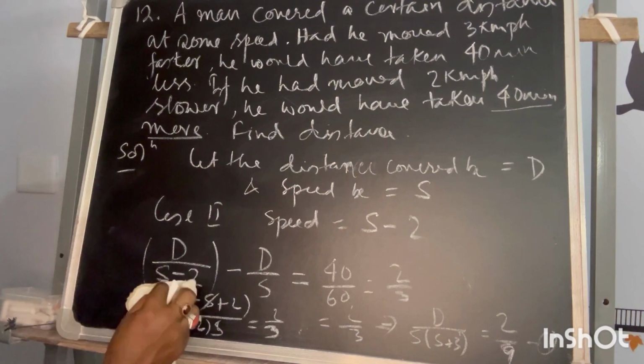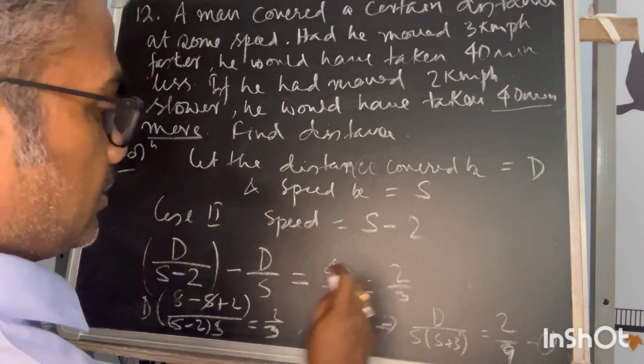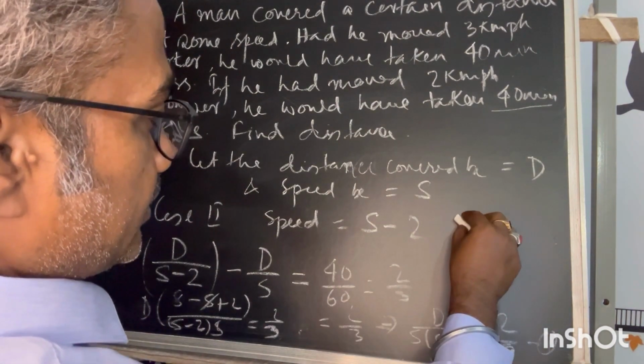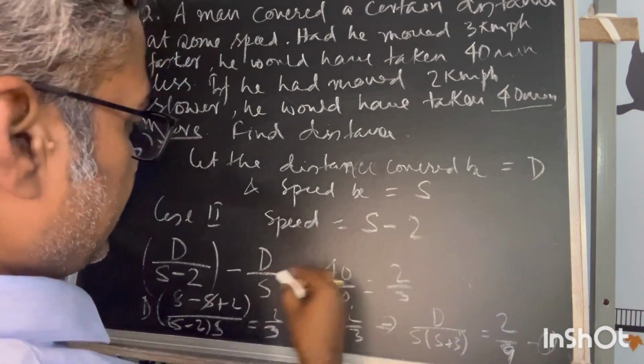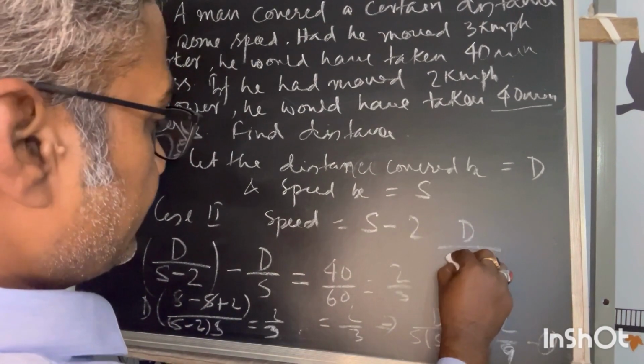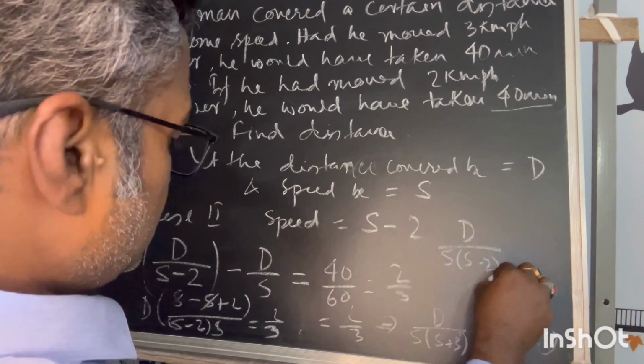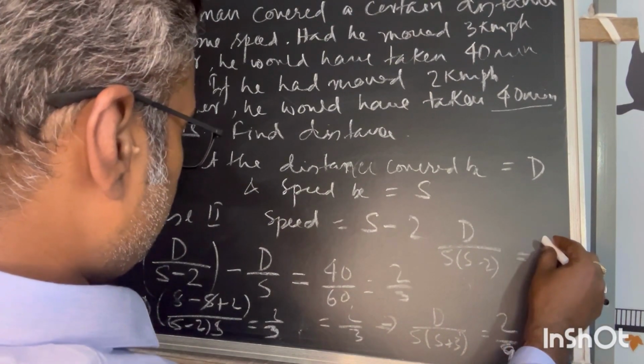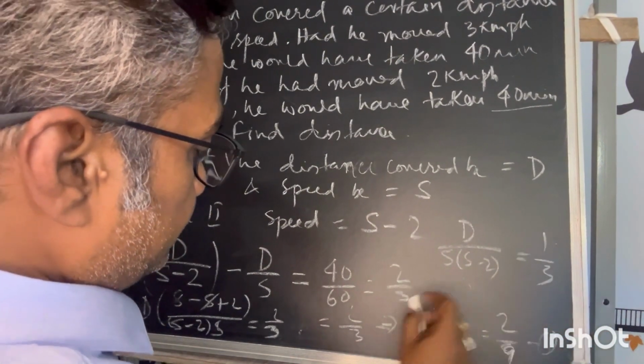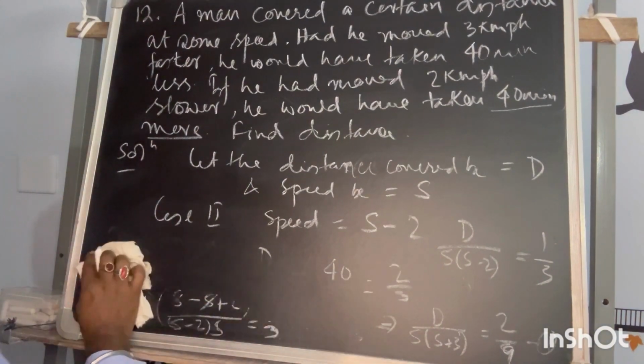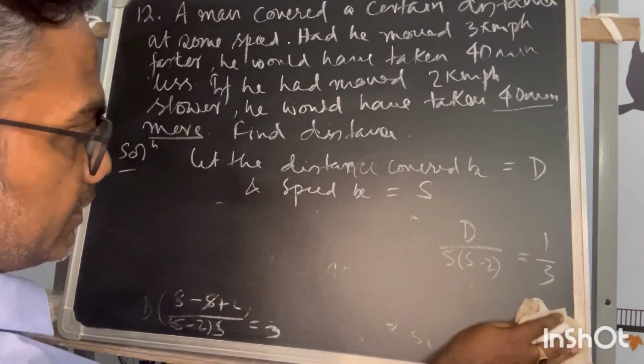So if I want to write these two equations, the first equation is d upon s into s plus 3 equals 2 by 9, the second equation becomes d upon s into s minus 2 equals 1 by 3. So this will be the case. Now I rub everything here.